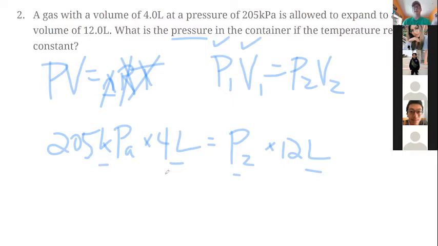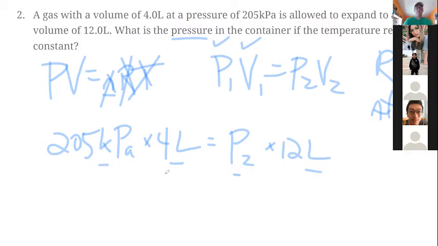So we don't really need to do anything. The only time you would have to convert that is if 1, R was involved, or 2, if the question asked you what the pressure was in atmospheres. And this question does not ask you that. So we can just quickly go right ahead.